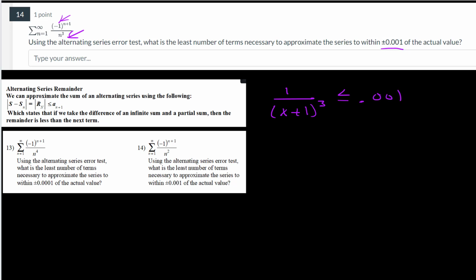And if you're using Desmos, you could just plug it in. Otherwise, you can solve this algebraically. Just cross multiply and get to, eventually you have to take the cube root and then subtract 1. So when you do this, it should come out to 9. So the best answer for 14 is 9.